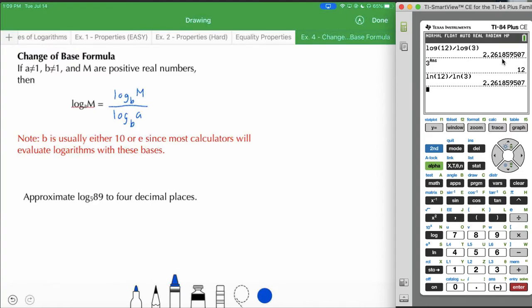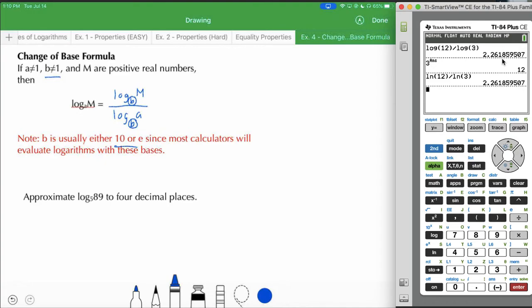Basically, we're saying that this base can be any base you want it to be, as long as it's not equal to 1. And we just typically make that base either 10 or e, since our calculators are programmed to evaluate common logs and natural logs.